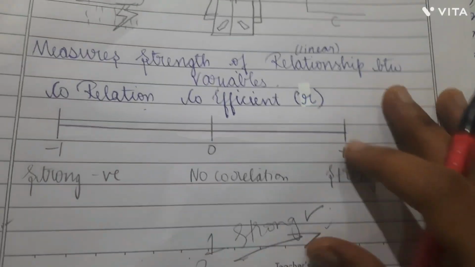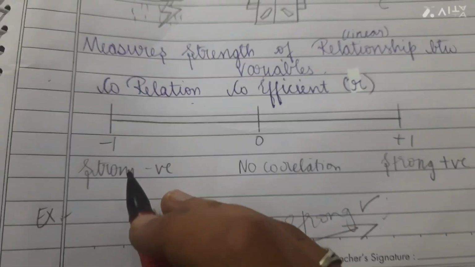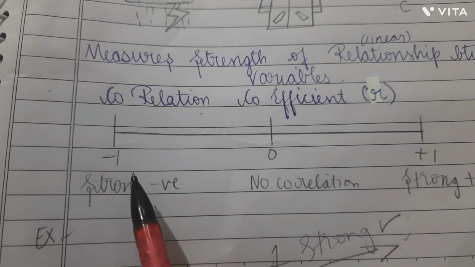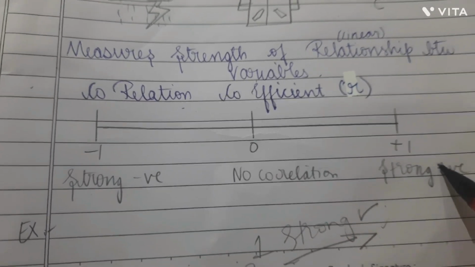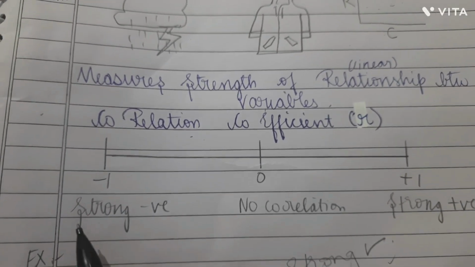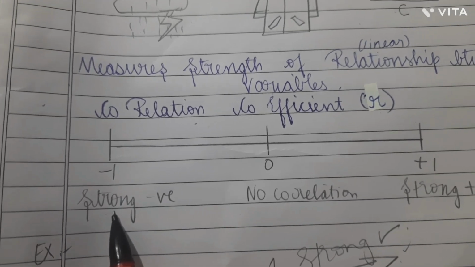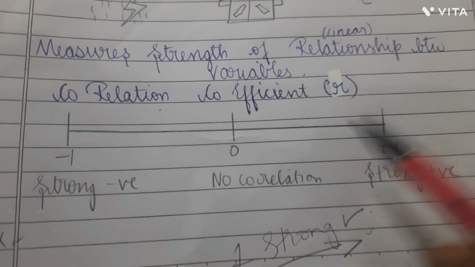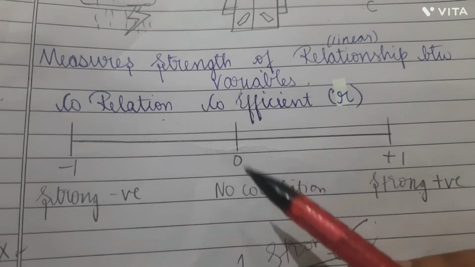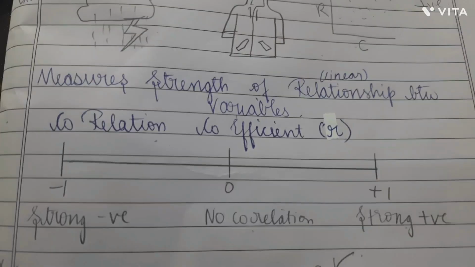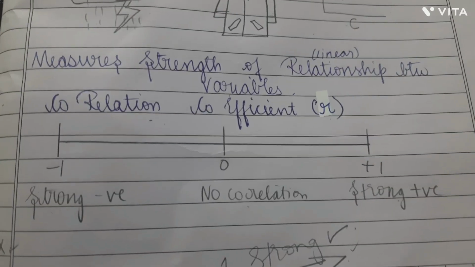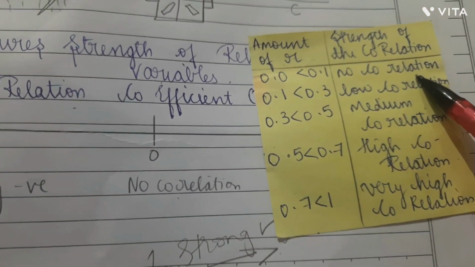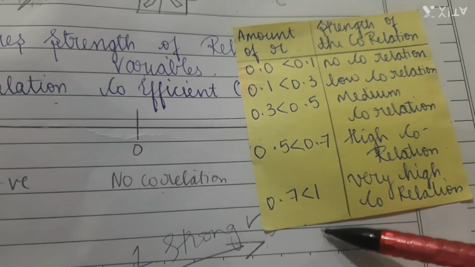The value of the correlation coefficient lies between -1 and +1. The -1 suggests a strong negative correlation, +1 refers to a strong positive correlation, and when it comes to 0, it means there is no correlation. You can also see what number denotes what type of relation in this table.